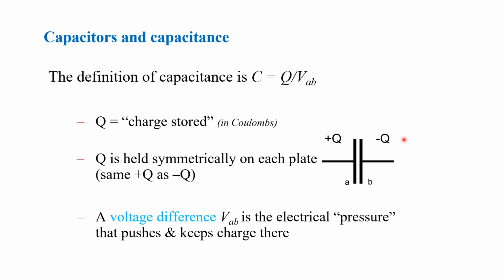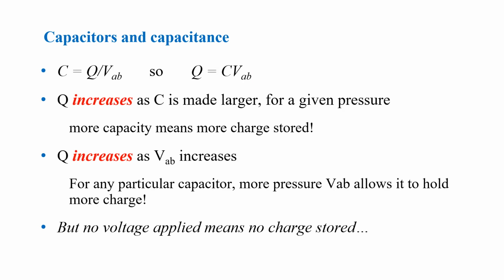Potential difference V_AB is the electrical pressure that pushes and keeps the charge there. And so here you have your capacitance C, equal to your charge stored divided by your potential difference V_AB. Now, C is equal to Q over V_AB, so that means Q is equal to capacitance times potential difference V_AB. Q increases as C is made larger for a given pressure.